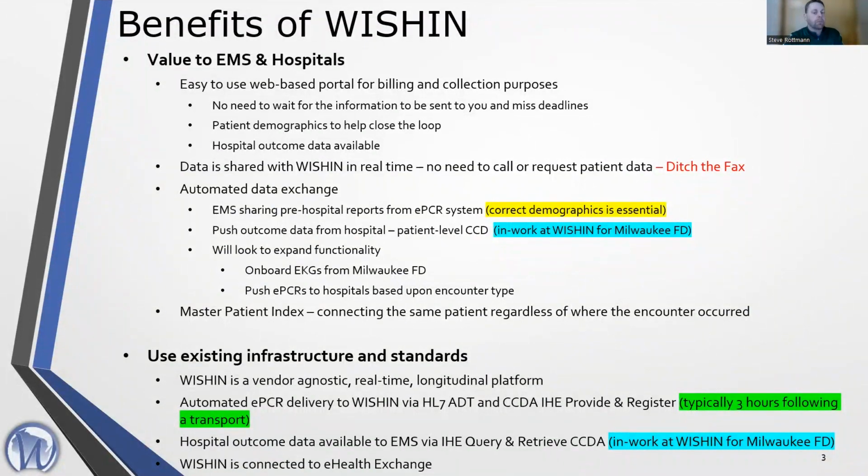But the information that we've heard has been useful is history of overdoses, any diagnoses that might be relevant to the patient treatment, allergies, chronic diseases, comorbidities, et cetera. So that information is presented.